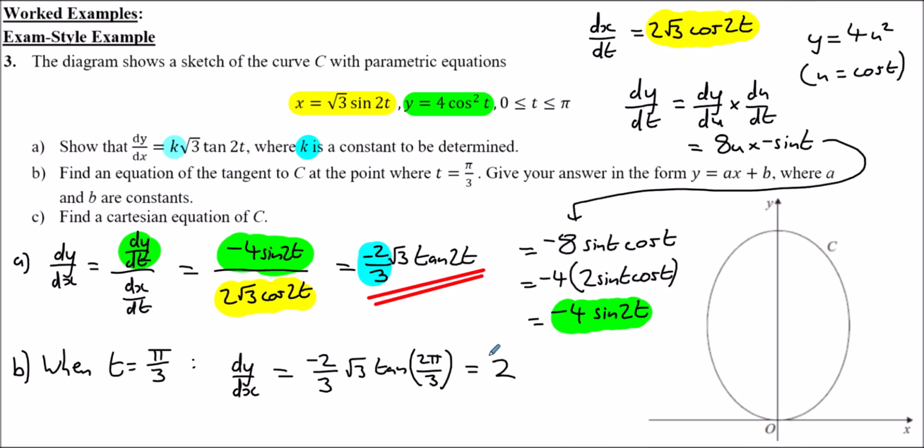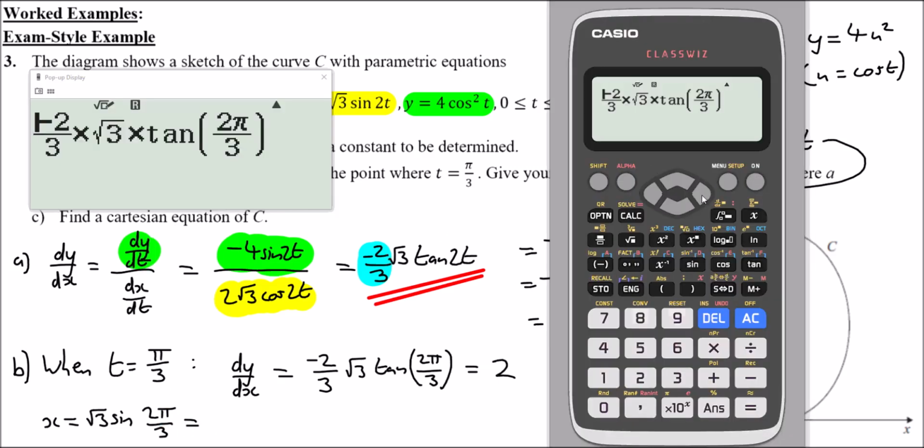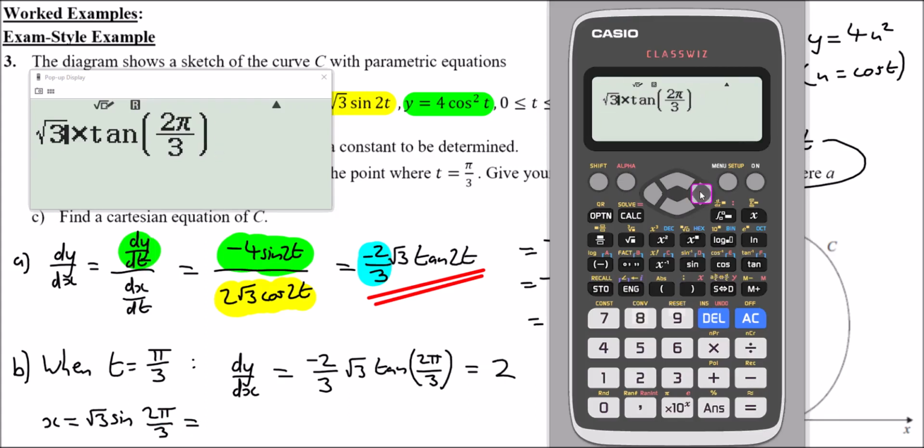We also need to work out what x is and what y is when t is pi over 3. So x is going to be root 3 sine of 2 pi over 3, which again we can work out fairly easily using the calculator. So if I just delete everything from here, leave the root 3 as it is, then delete the tan to get sine, made a bit of a hash of reconfiguring this, so root 3 sine 2 pi over 3 gives us 3 over 2.